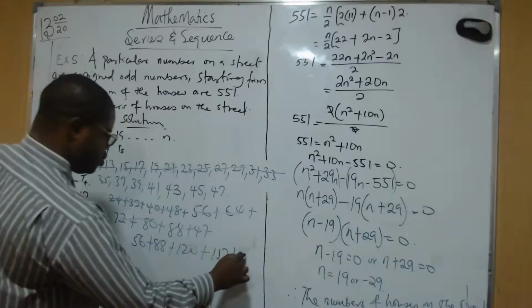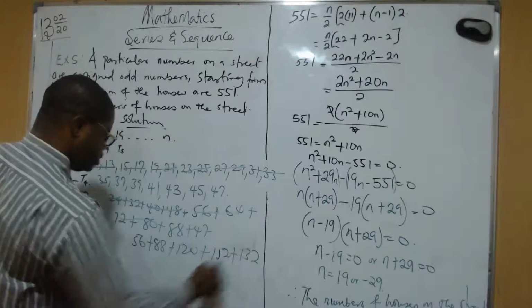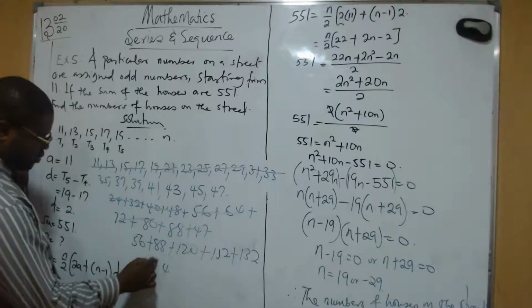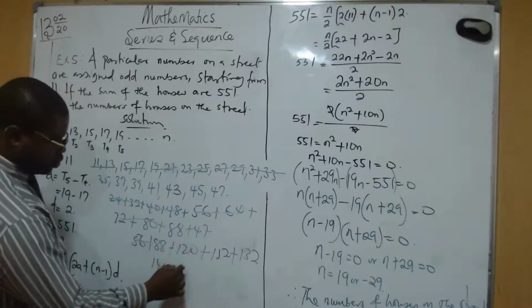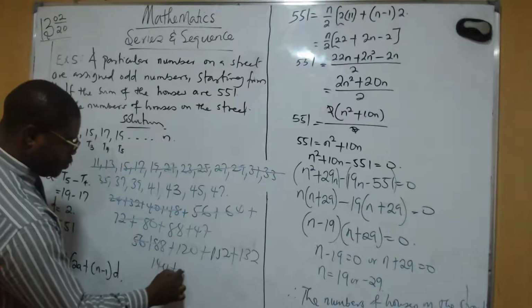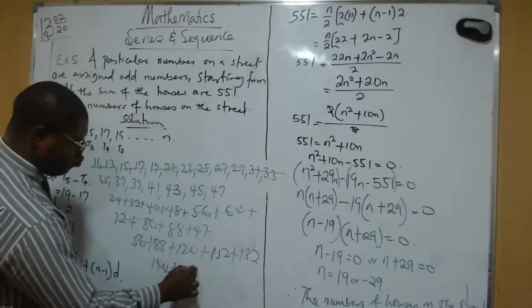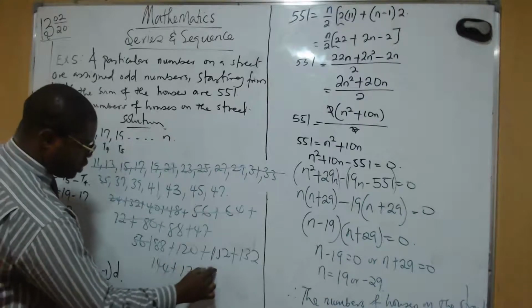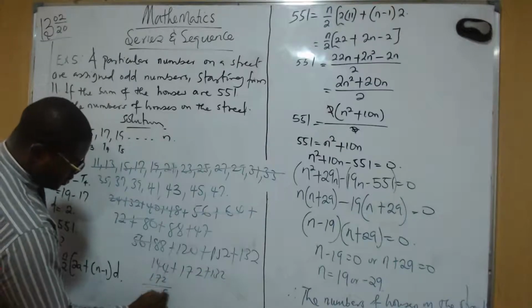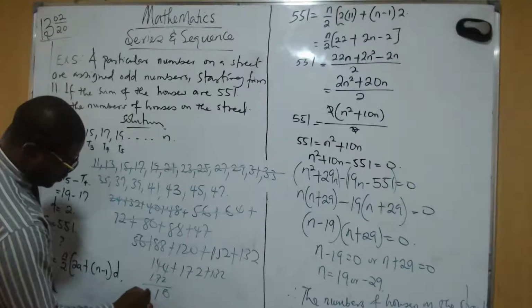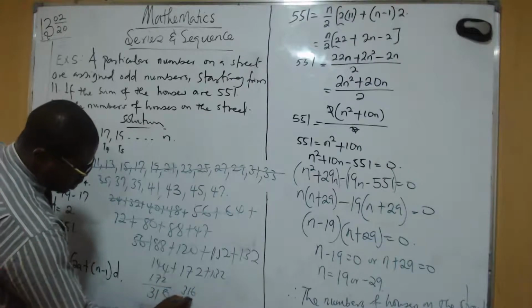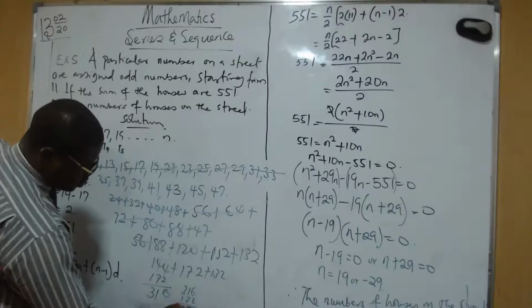Then these two will give me 132. This will give me 172. Then 132. So we have 172.